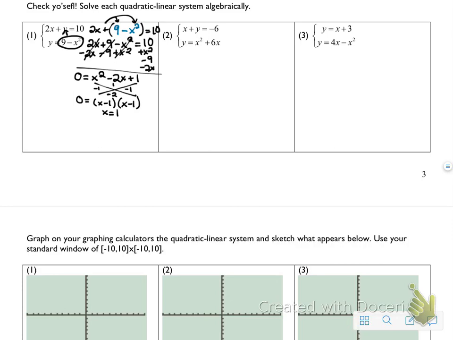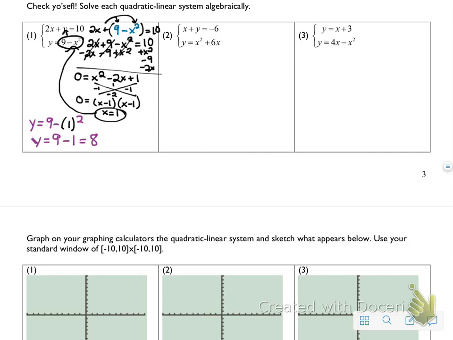So we need to take that positive 1 and plug it back in right there. So we have y equal to 9 minus x squared. Well, we have 9, 1 squared is just 1, and that equals 8.